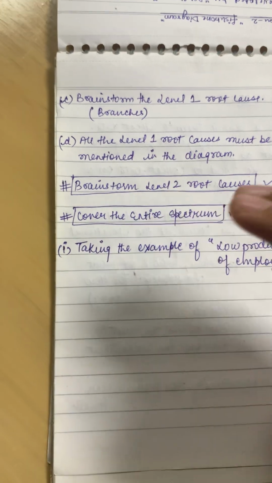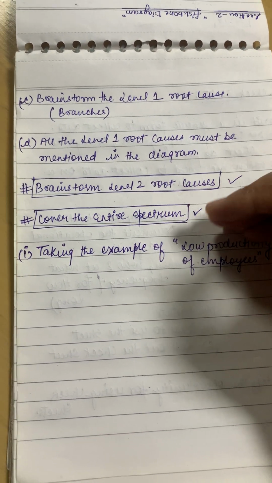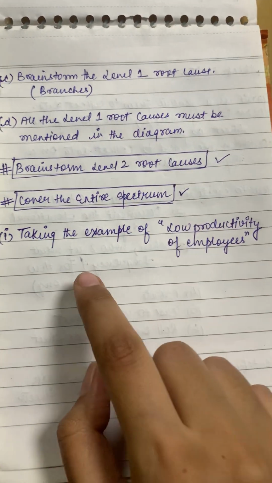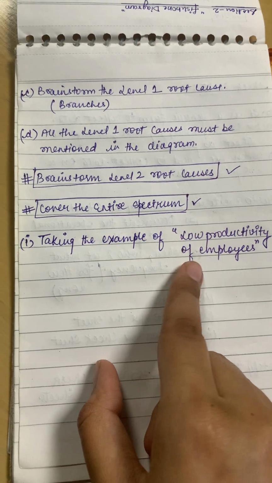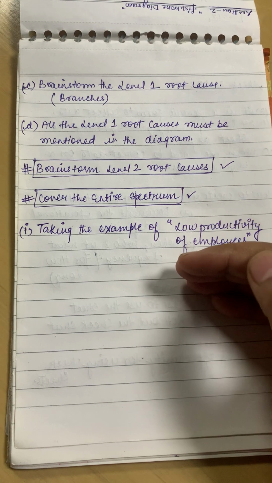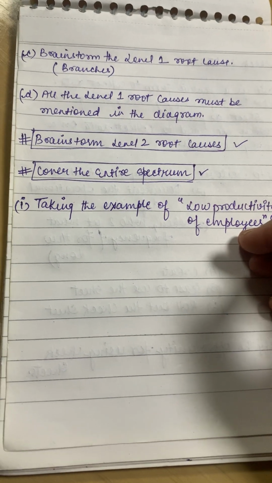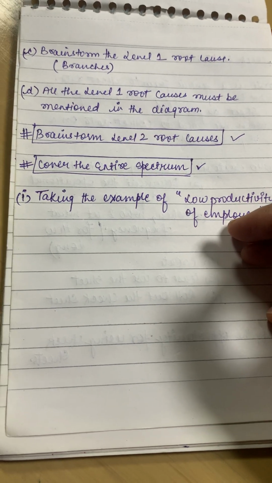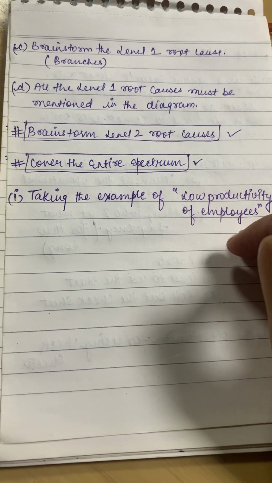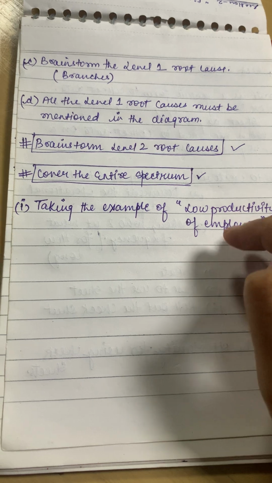Taking the example of machine: why is it not working, is it outdated, and so on. It covers the entire spectrum. Here we are taking the example of low productivity of employees. This includes a number of reasons, and we just need to identify them. It can be done by the manager or the quality person.